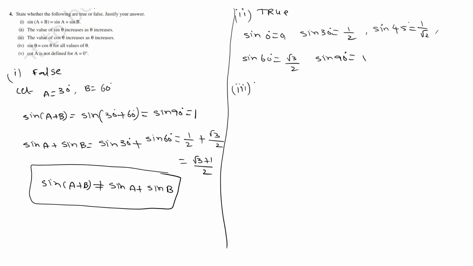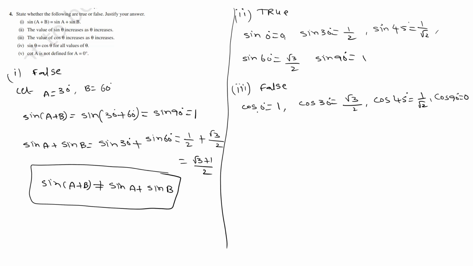Next, the third one: the value of cos theta increases as theta increases. This is false here. Why? Because we know cos 0 is 1, cos 30 degrees is equal to root 3 by 2, cos 45 degrees is equal to 1 by root 2, and finally cos 90 degrees is equal to 0.